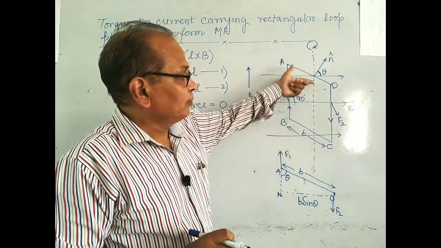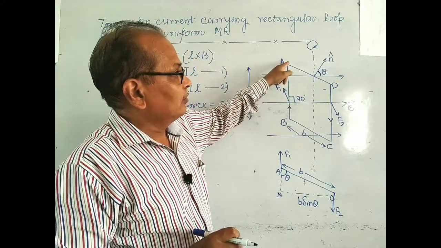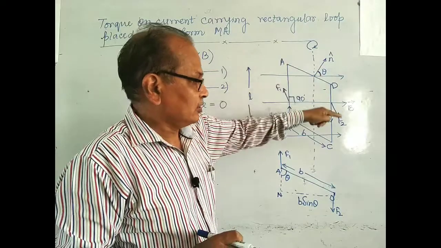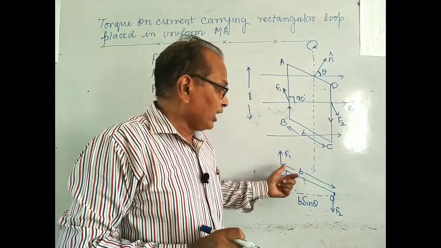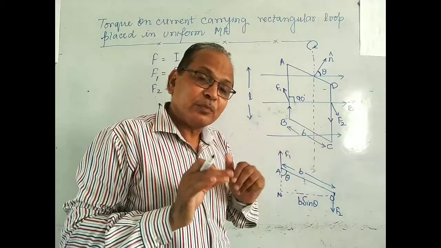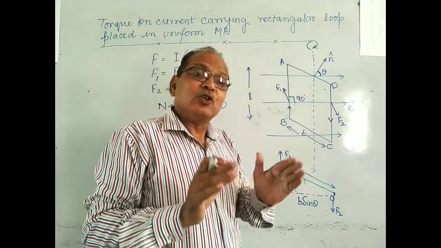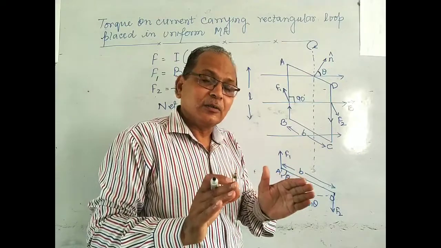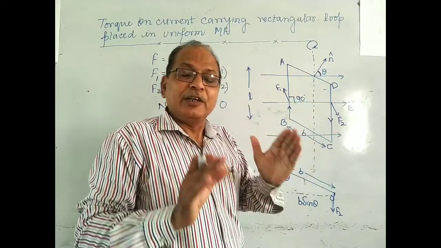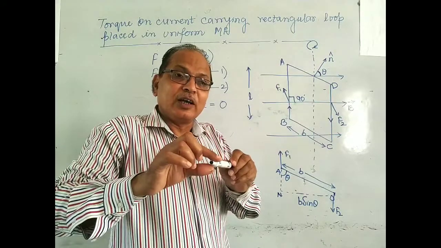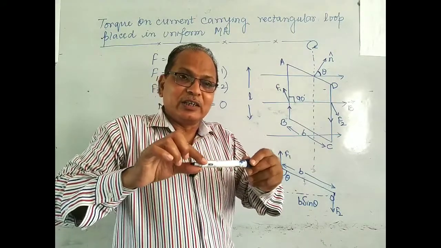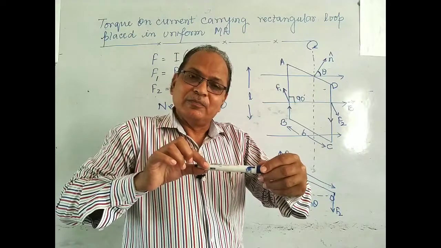This is the B part. So the point where F1 and F2 are acting is not a common point. Hence, torque will be experienced by this coil. If torque is experienced by this coil, then the complete coil will rotate within the magnetic field.